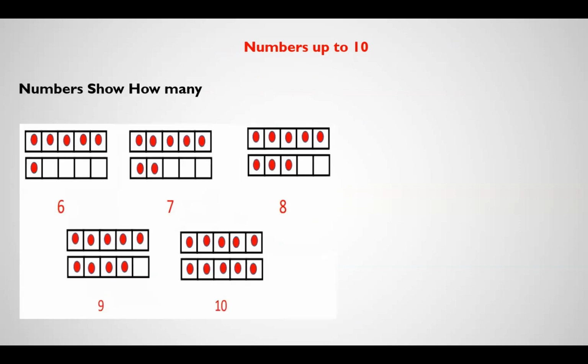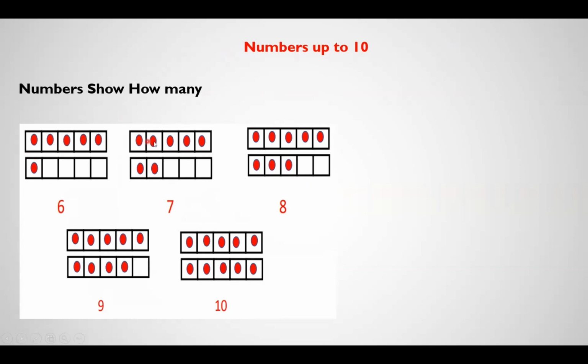Starting with the numbers up to 10. Of course, you can remember the 5 frame. If I have this 5 frame completed, I am going to put another 5 frame. Here is 5, we put another 1, so after 5 comes 6. So here we have number 6. What about number 7?